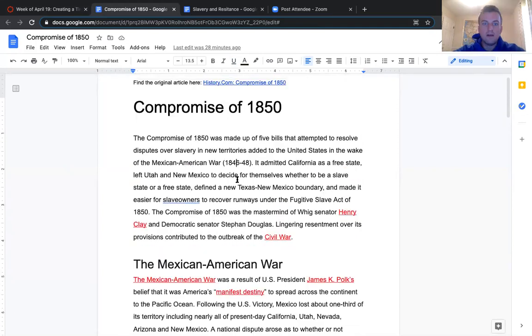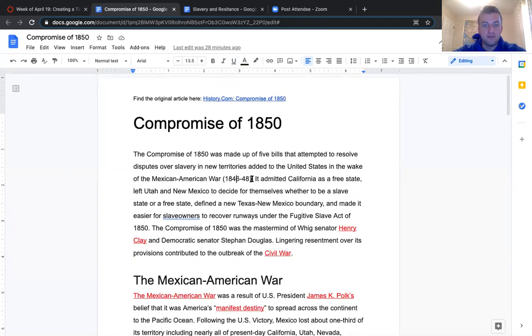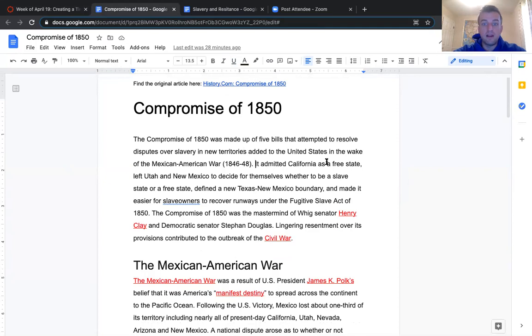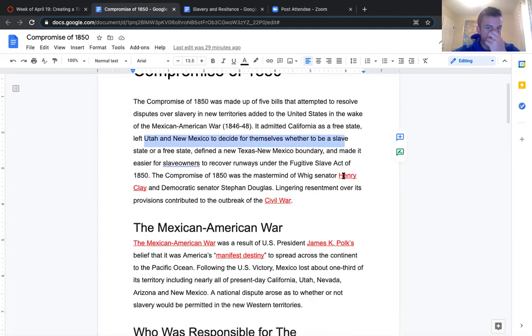So already the Compromise of 1850 references the Mexican-American War and what it did. It admitted California as a free state, and left Utah and New Mexico to decide for themselves. So, you know, states' rights.